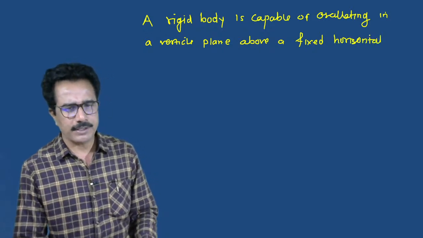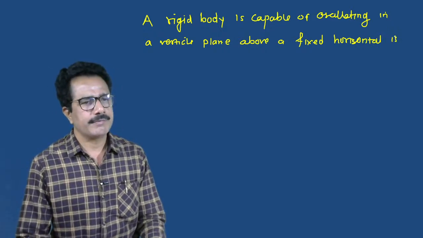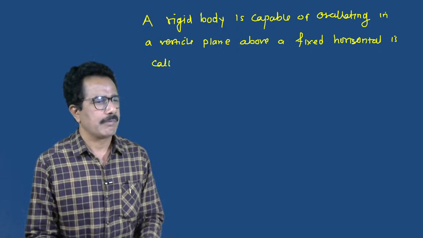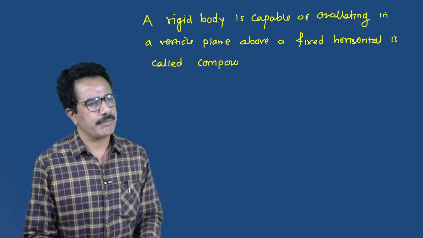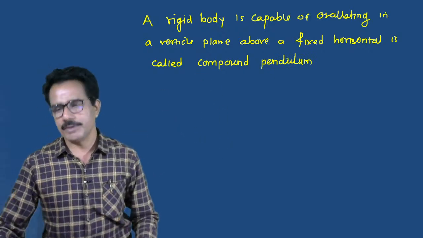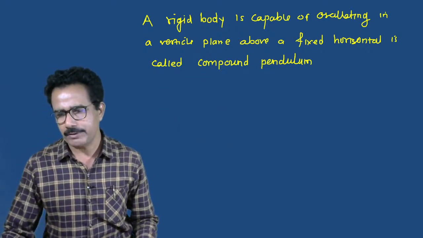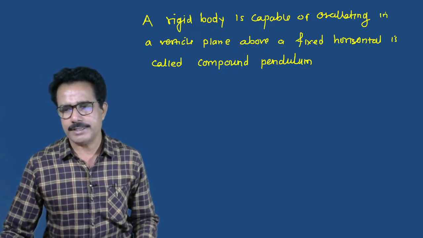A rigid body oscillating above a fixed horizontal axis is called a compound pendulum. See, this is the concept of a compound pendulum. You must know what is meant by a compound pendulum.